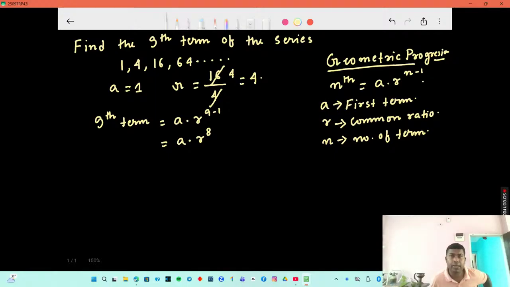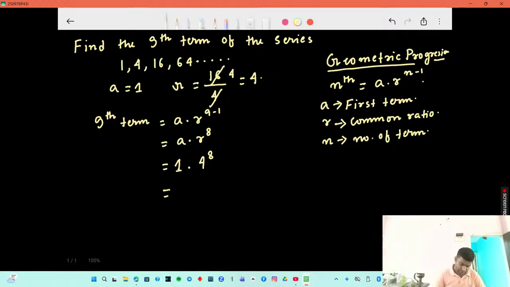According to the question, the value of A is 1 and the value of R is 4. So 1 into 4 to the power 8. Is it clear to you? If it is clear, then give a thumbs up in the chat box.